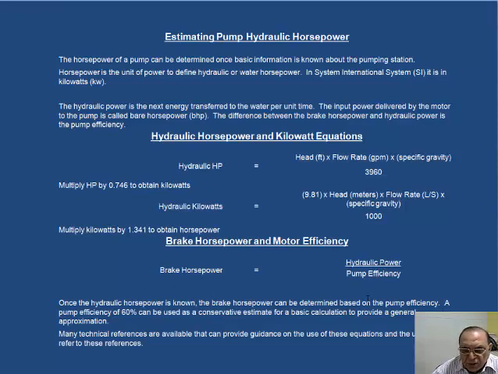After calculating this brake horsepower, the odd figures has to be rounded to the nearest higher size of the motor produced or available in the market.